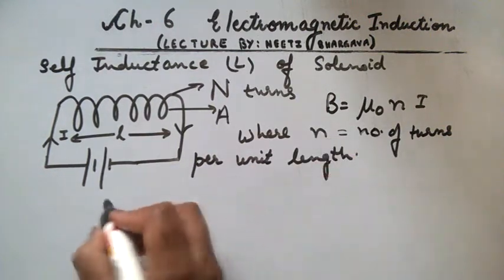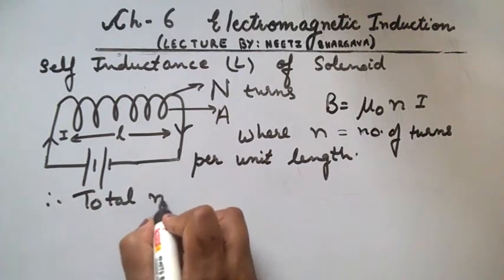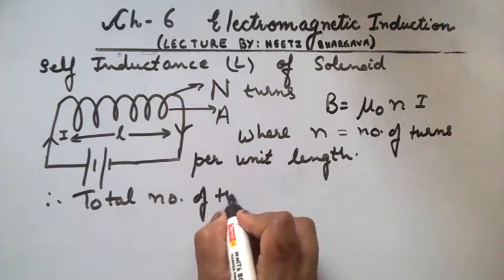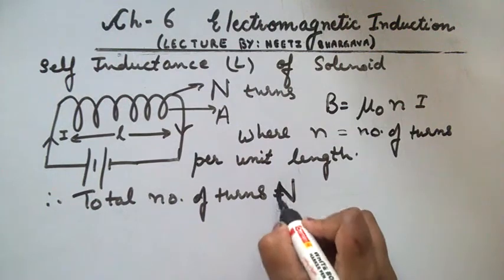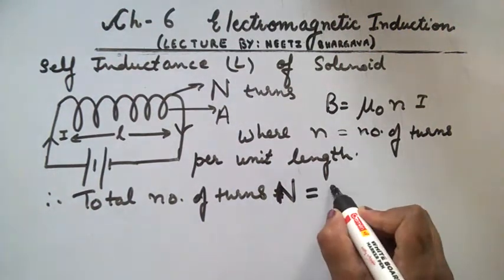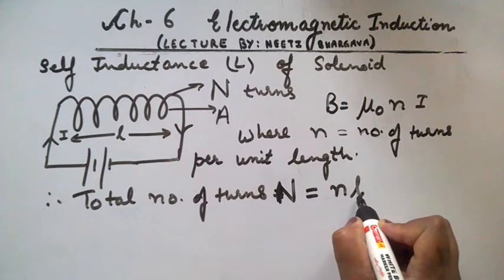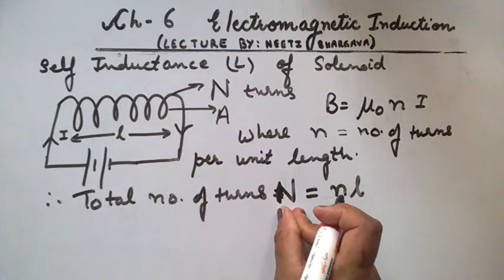Therefore, total number of turns N is equal to n into L, number of turns per unit length into the total length of the solenoid.